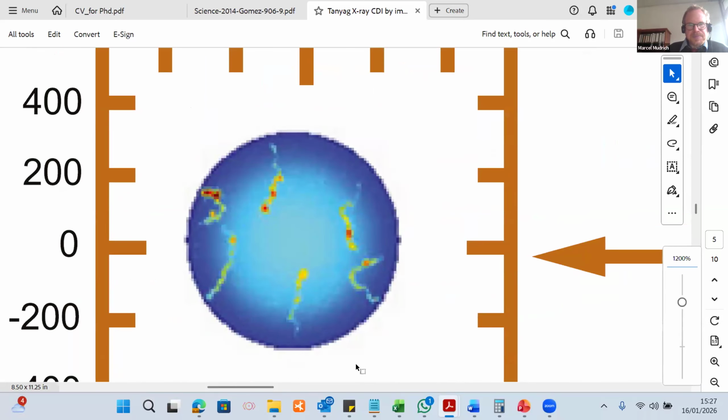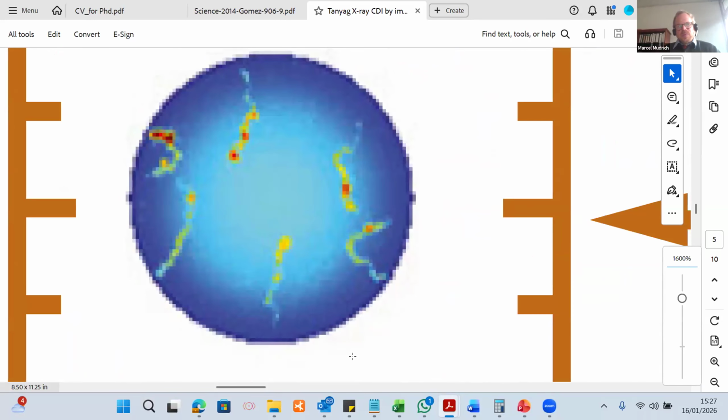Yeah, so this is imaging superfluidity basically in a live system, more or less.